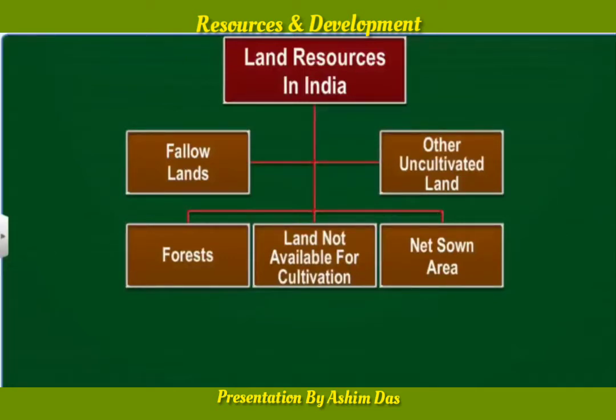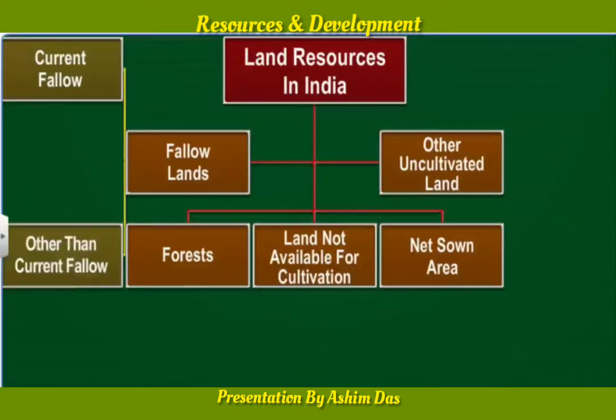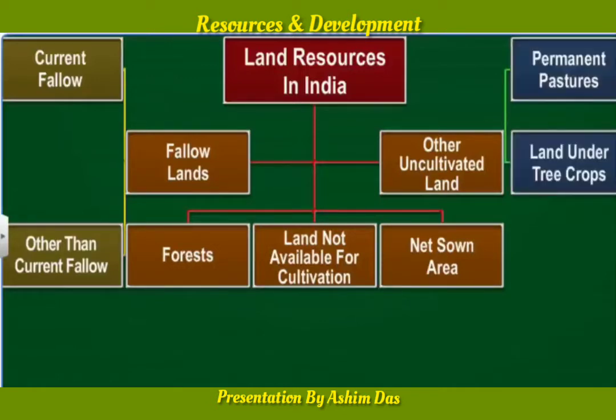Fallow land can be further divided into current fallow, which is land not cultivated for 1 or less than 1 year, and other than current fallow, which is land that has remained uncultivated for 1 to 5 years. Uncultivated land, other than fallow land, is divided into permanent pastures, land under miscellaneous tree crops, and land left uncultivated for more than 5 years.